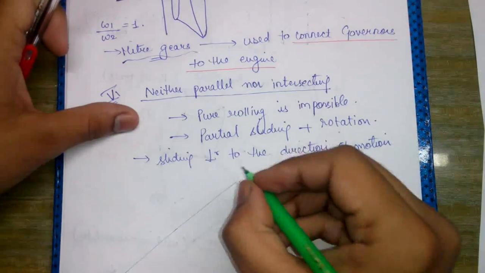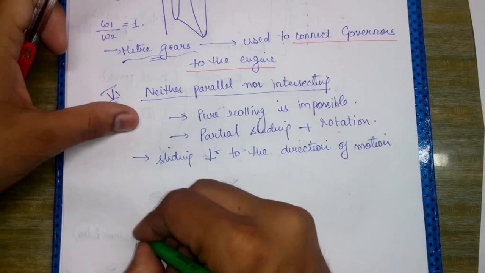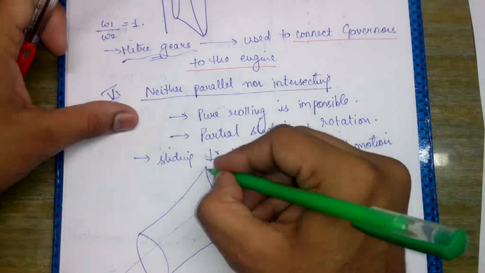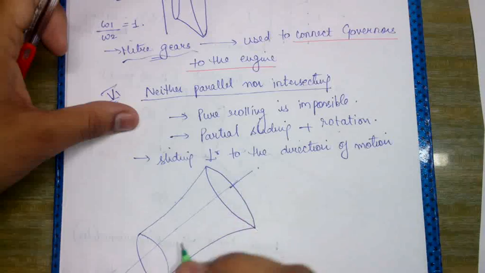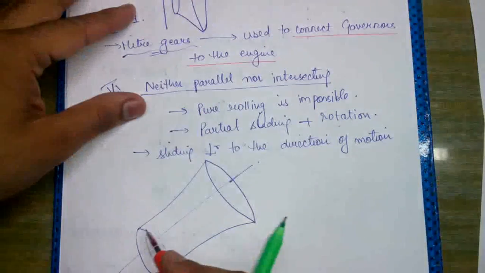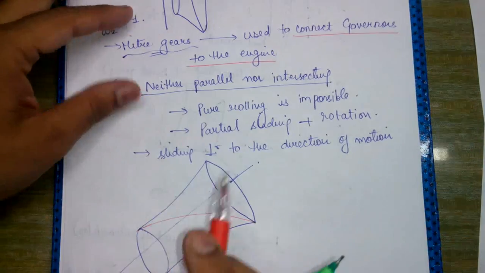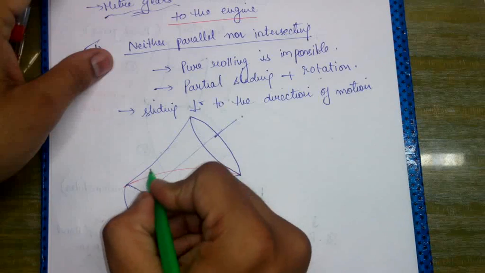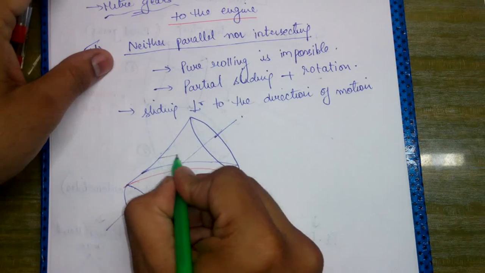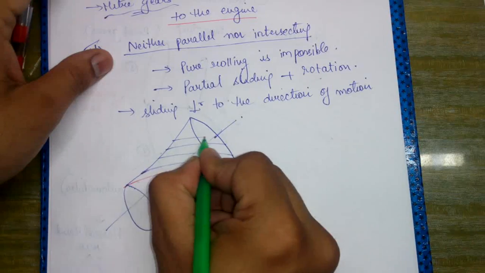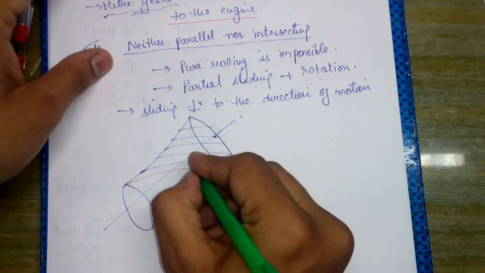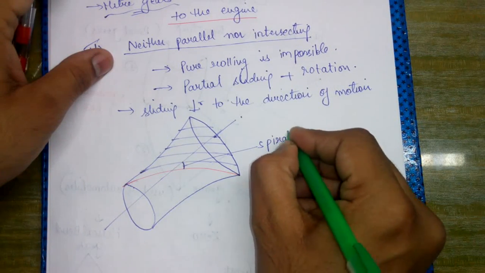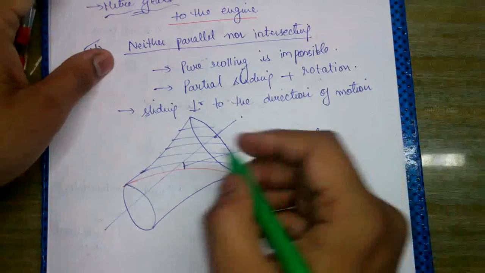So I will draw the diagram corresponding to that. Here there will be lines like this, and this angle is called the spiral angle.